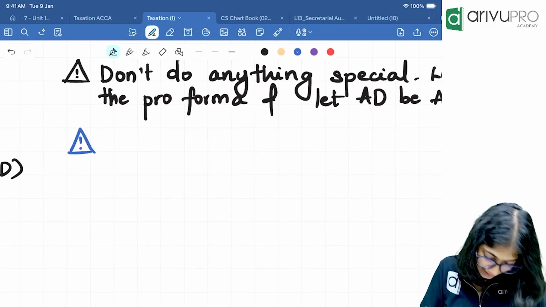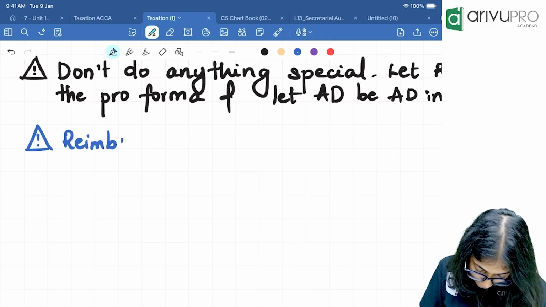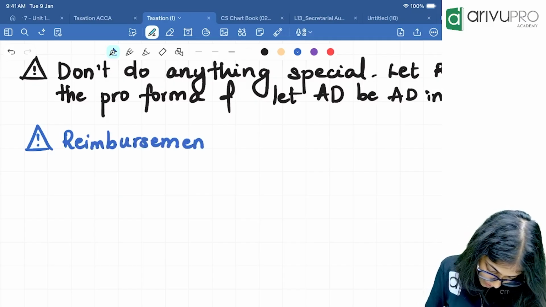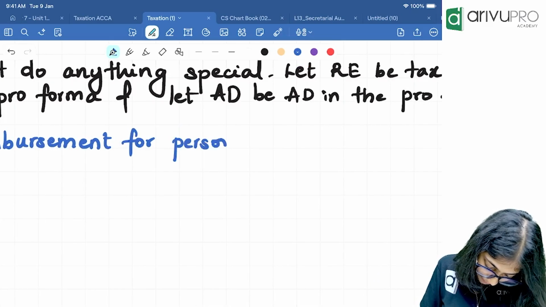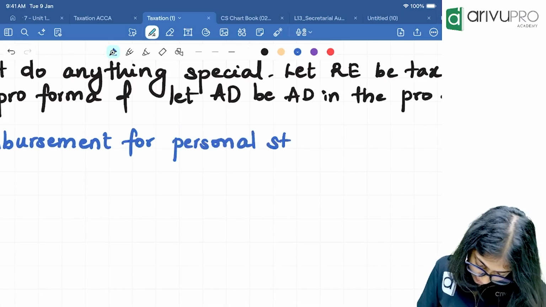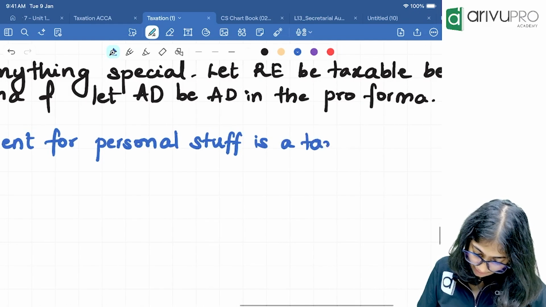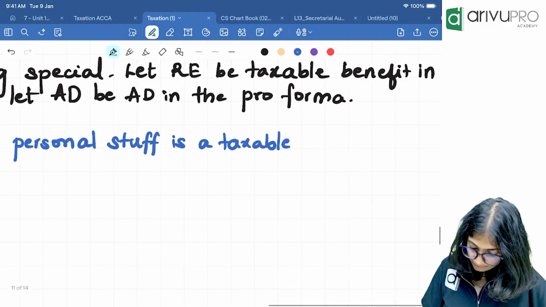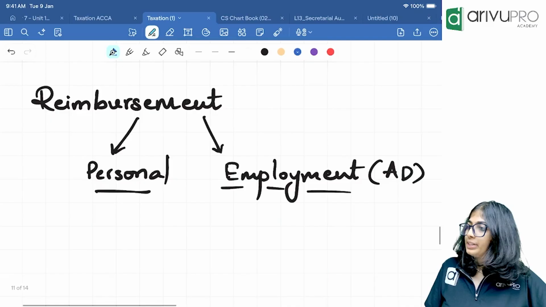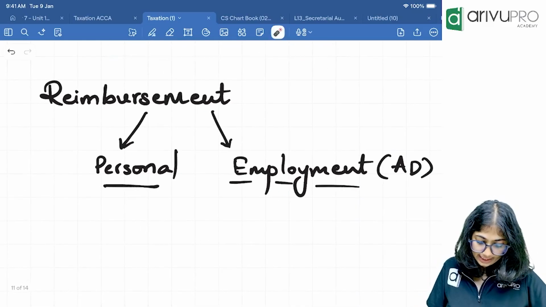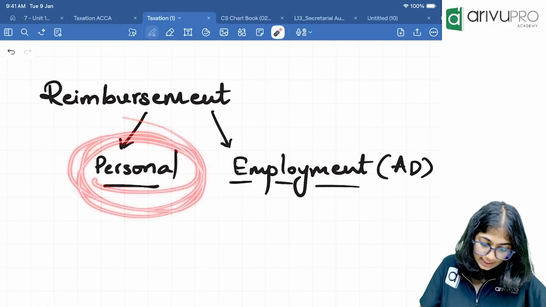Another way of treating it is reimbursement for personal stuff is a taxable benefit. What does this mean? The other way of treating it is that only the personal element needs to be used as a taxable benefit.